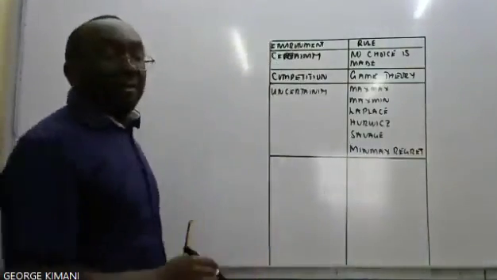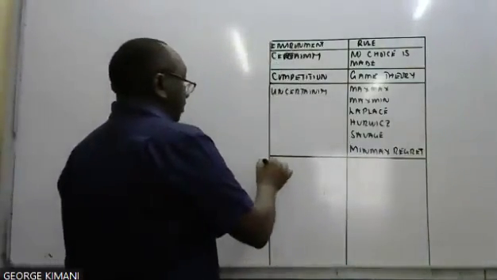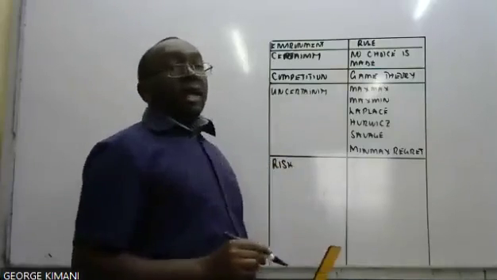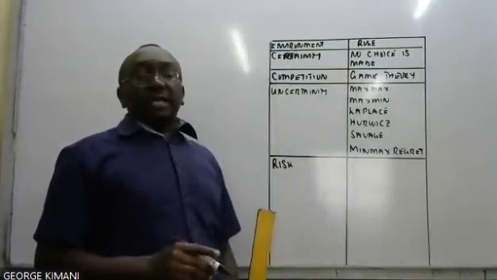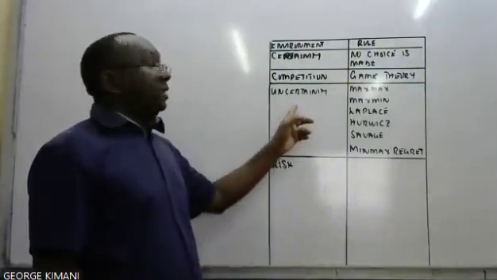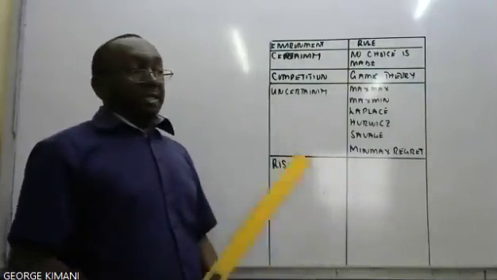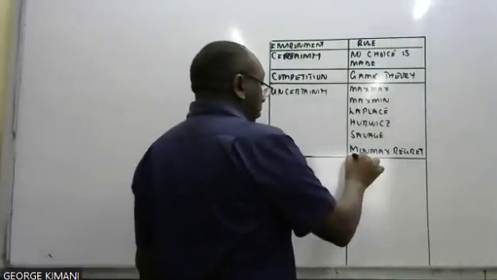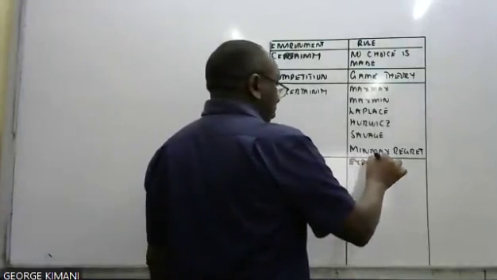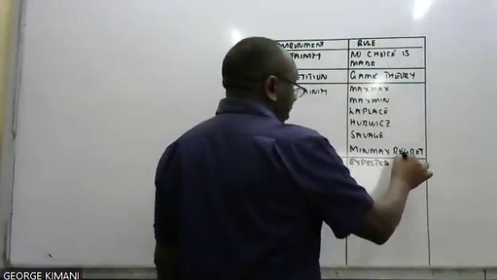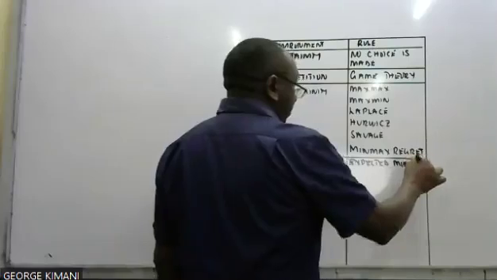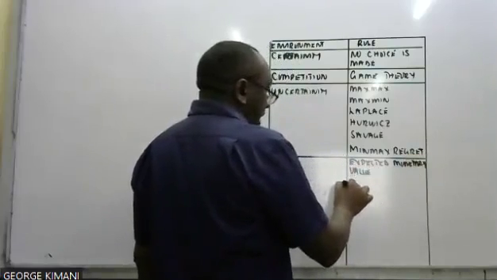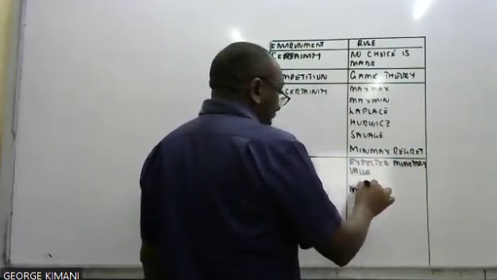And the last environment is called the environment of risk. In the environment of risk, it is just like uncertainty, but now we have probabilities. This one uses what we call expected monetary value. Expected monetary value is the first rule, and the second one is called most likely event.